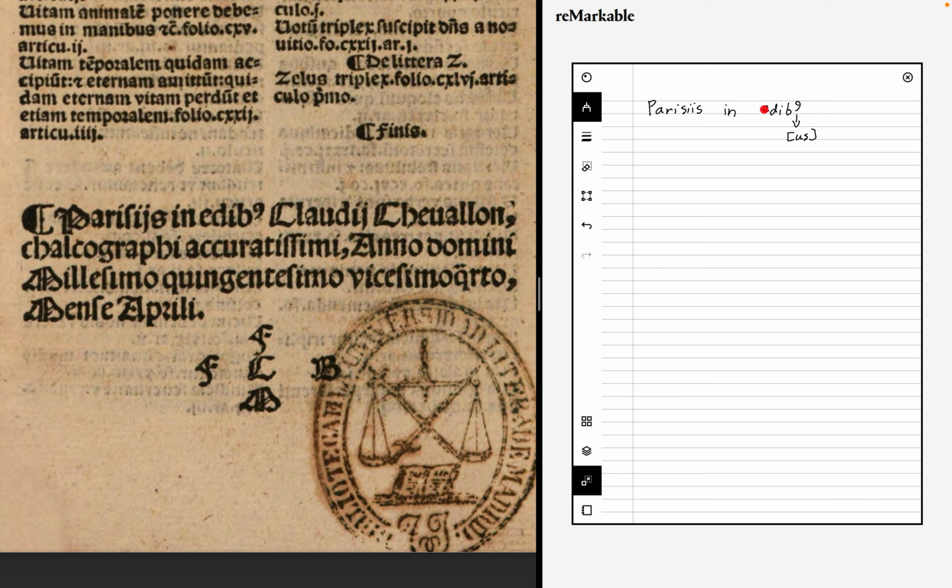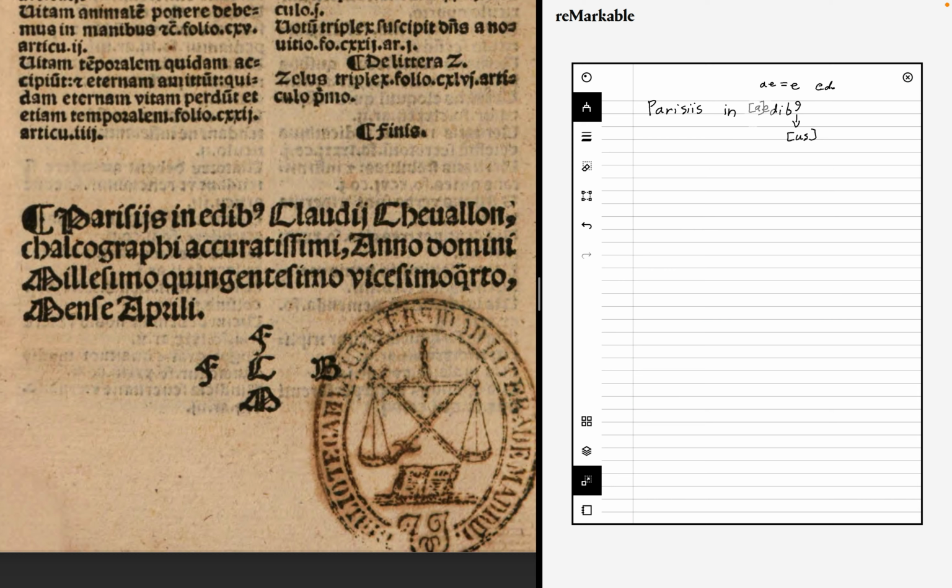I happen to know that edibus, so in this medieval Latin, the AE sound is the same as E, so they write, it's kind of like English didn't have a standard spelling. So they're just like, well, Oedipus sounds the same as Oedipus. And so the correct spelling is Aedibus.